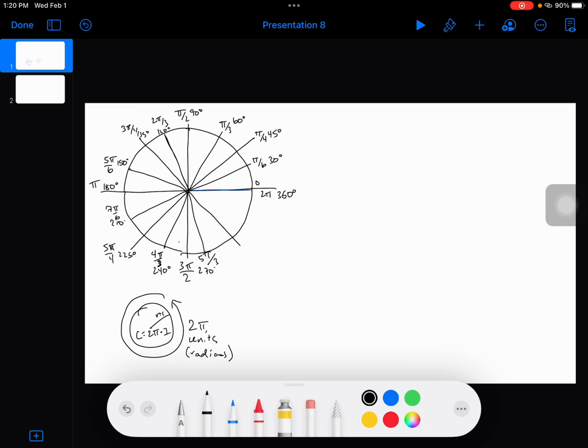And then we've got another 45 marker, 270 plus 45 is 315 degrees, and 7 pi over 4.